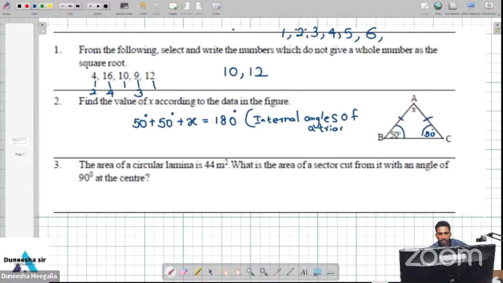Reasons are needed for short questions. 100 plus x equal to 180 degrees. x equal to 180 minus 100. What is the answer? It's 80 degrees. Okay. You should keep the degree mark.